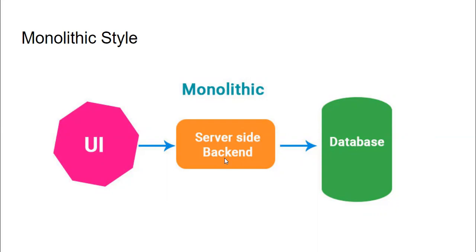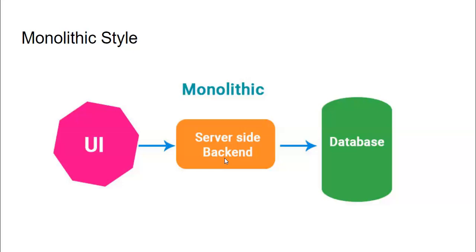All logic for handling a request runs in a single process. That allows you to utilize the primary features of the language to divide up the application into classes, functions, and namespaces. So the monolithic style was very popular in old times because it's very easy to develop applications in the monolithic style.